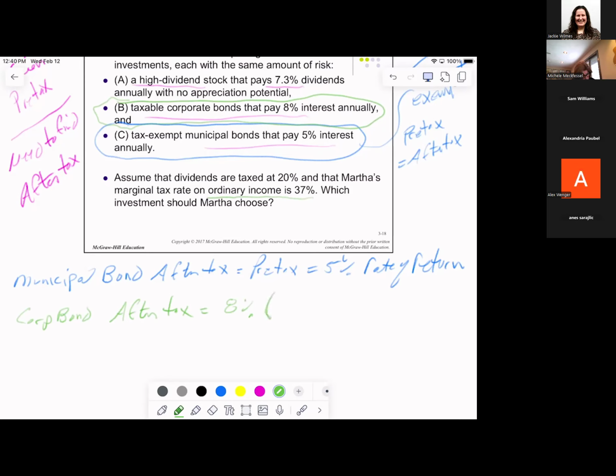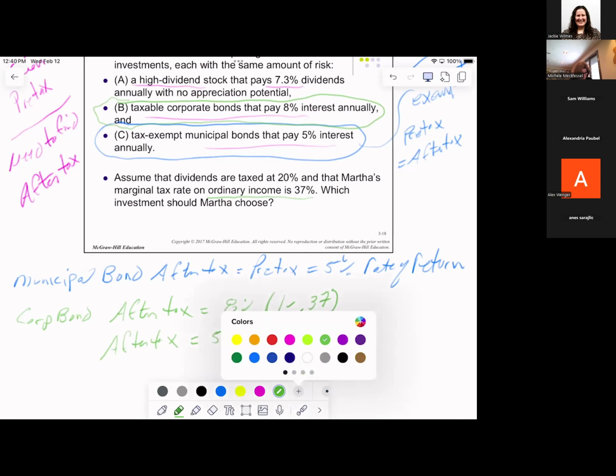So we use our fantastic formula: 8% times 1 minus 0.37, which is 63%. And so our after-tax rate of return for our corporate bond is 5.04%.